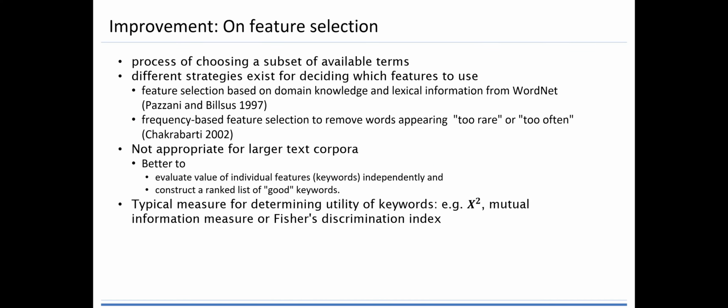There's another way to do the improvement, by using feature selection. In data mining, you will have a lot of features, a lot of columns. Feature selection is the process of choosing a subset of the available terms.